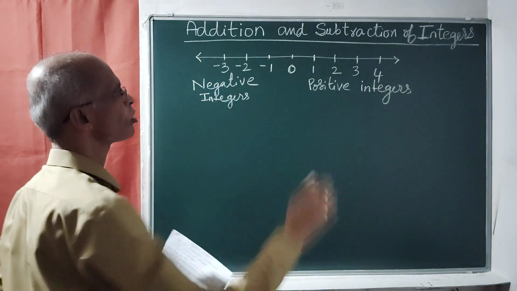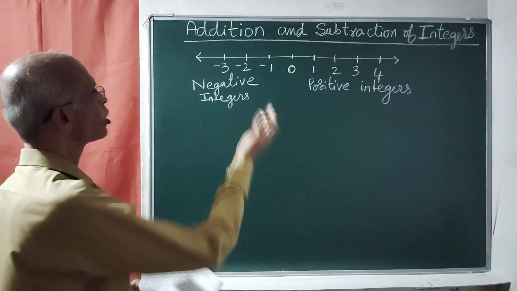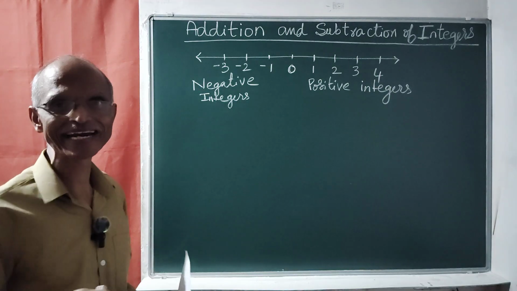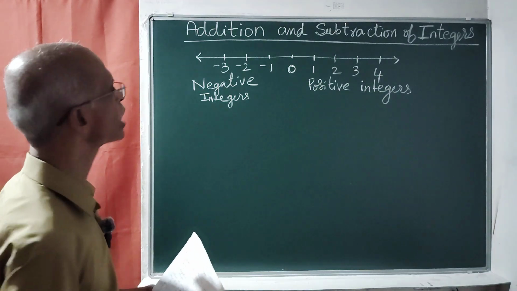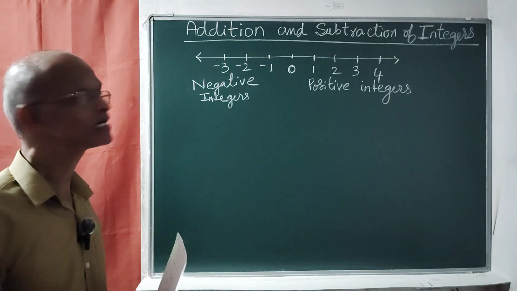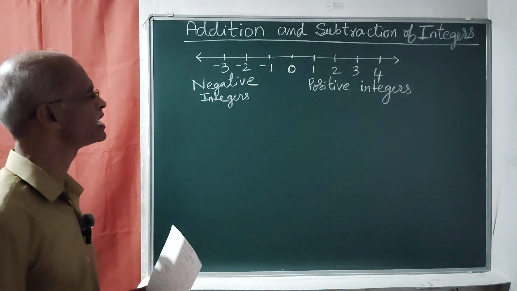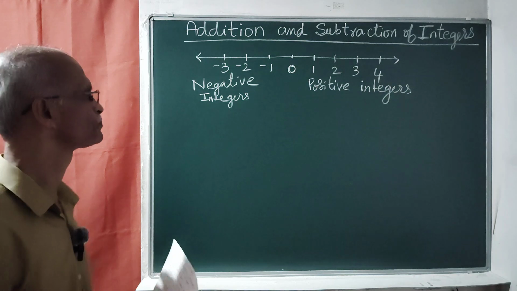On the right side we have got positive integers, on the left side we have got negative integers. Now we will see how to add and subtract the integers.